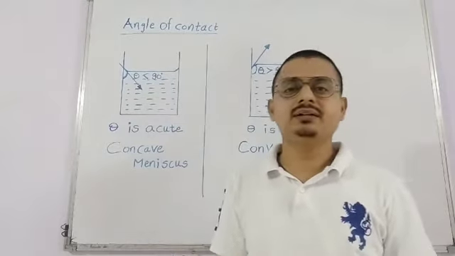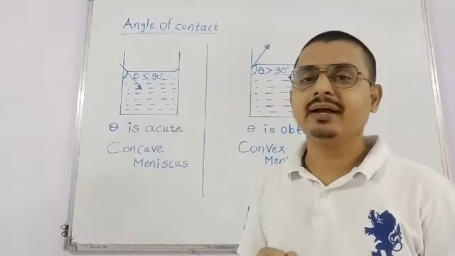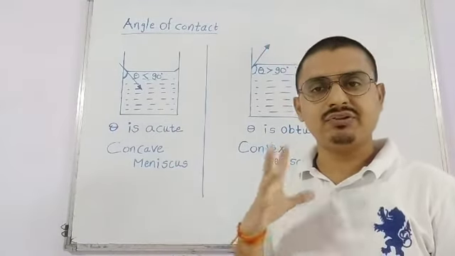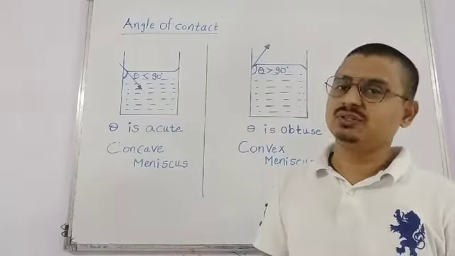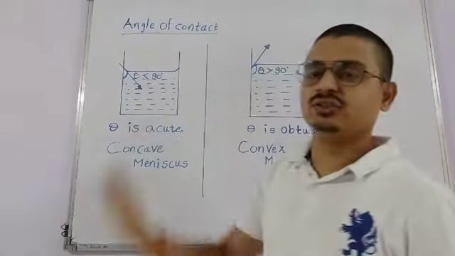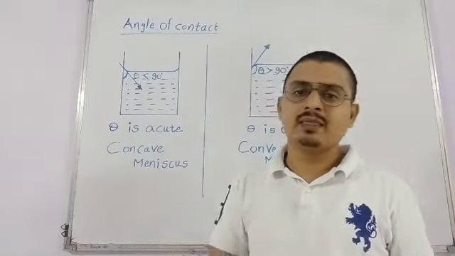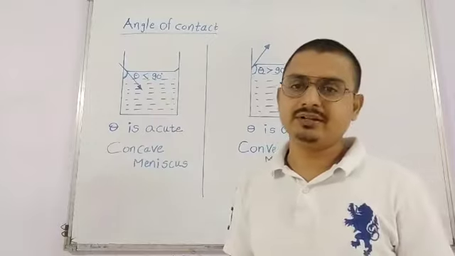I again repeat, the angle of contact is defined as the angle made by the tangent drawn to the free surface of liquid to the surface of solid at a point of contact between the solid and liquid, which is measured into the liquid.